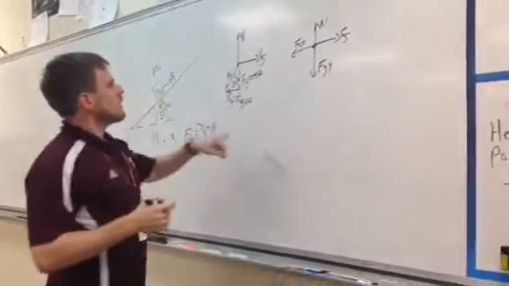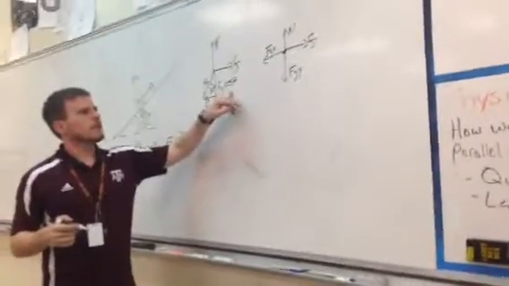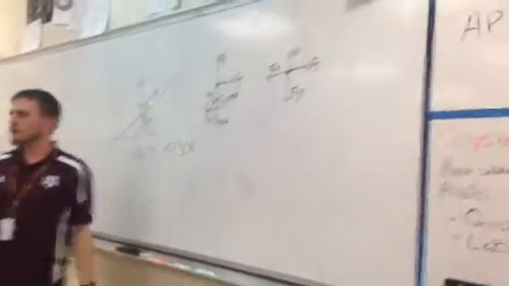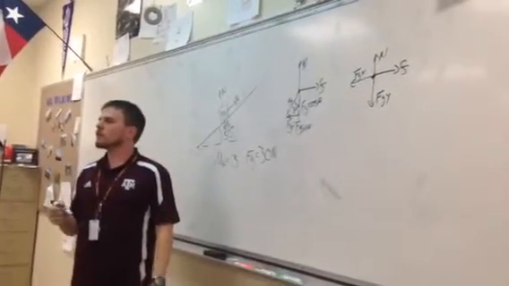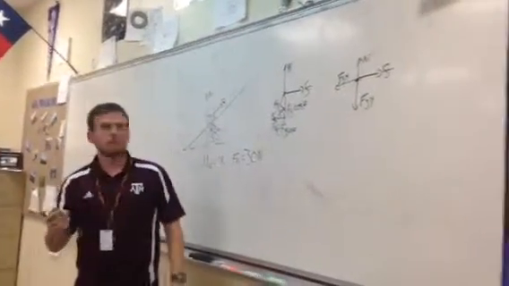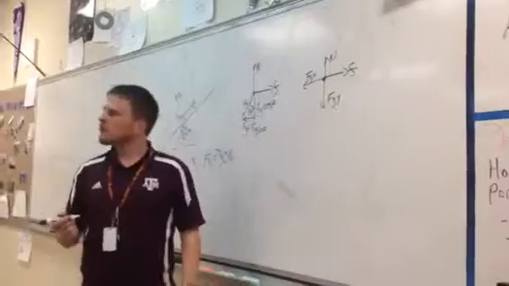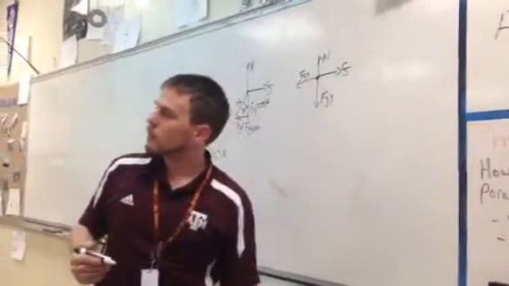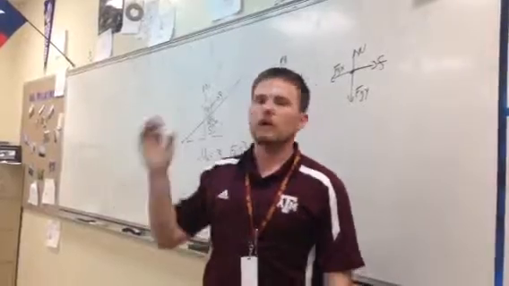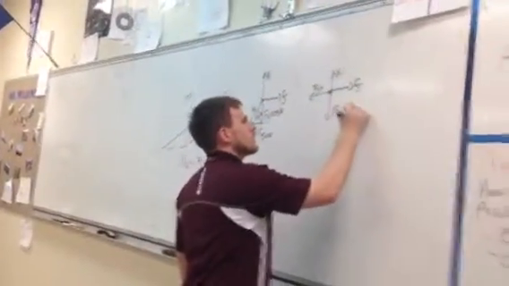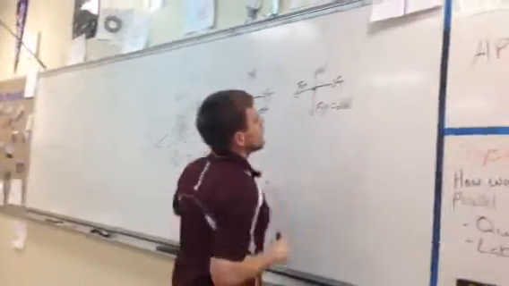So what is 30 cosine 30? Somebody type it in for me. 25.98. Okay, so we'll call it 26 newtons.